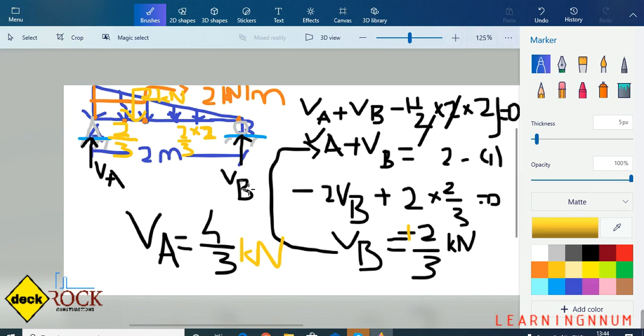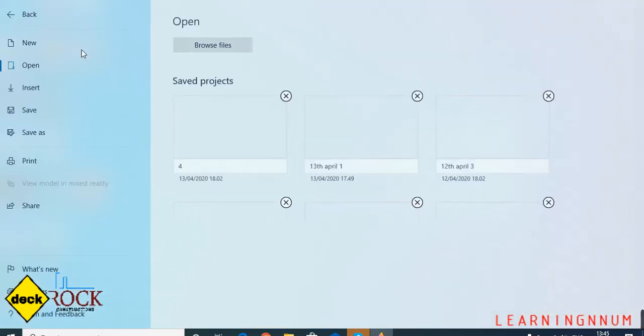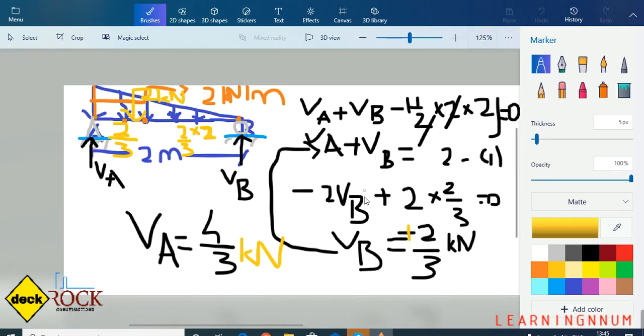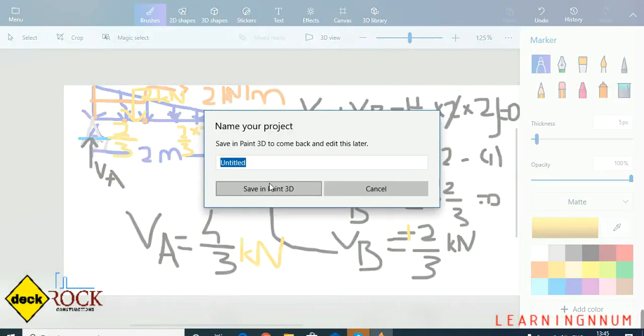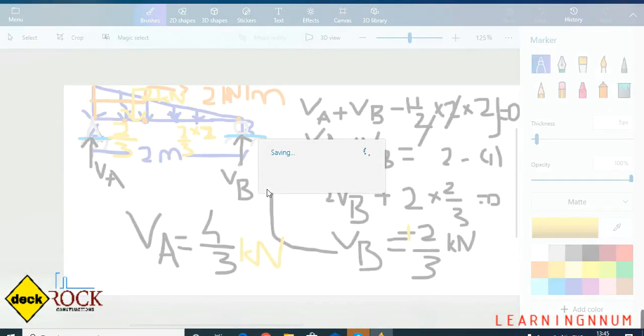So note down these values, VA and VB. I'll open another slide. Got it down?